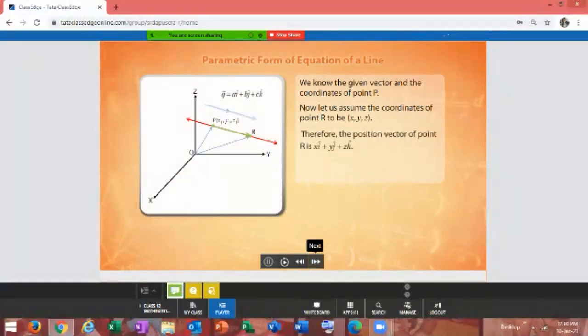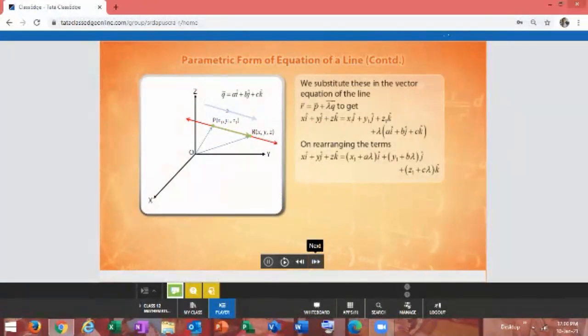Now here is the parametric form of the equation of the line. What is the parametric form? The i cap, j cap and k cap unit vectors are removed. That is called the parametric form, and you can even call it the Cartesian form of the equation of the straight line passing through a point.